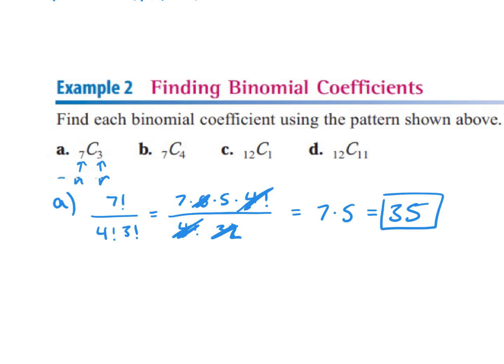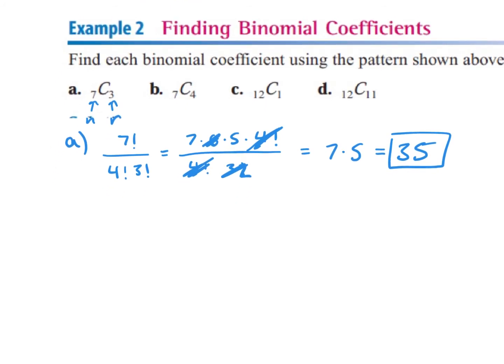All right, let's do one more from example 2. You can pick B, C, or D. All right, let's do B. You said B? Oh, D. One factorial is just 1. So 0 factorial and 1 factorial are both 1.